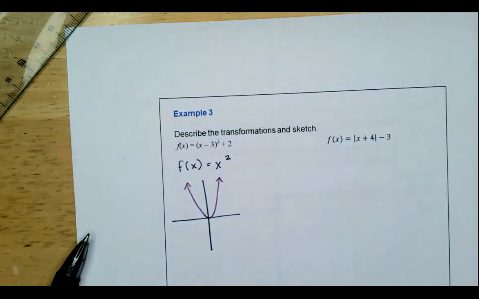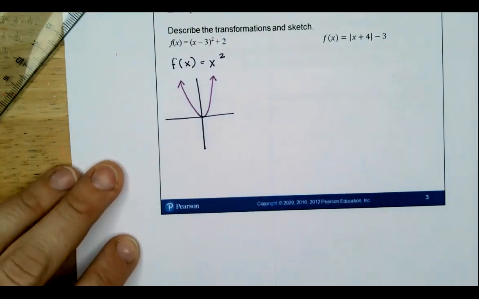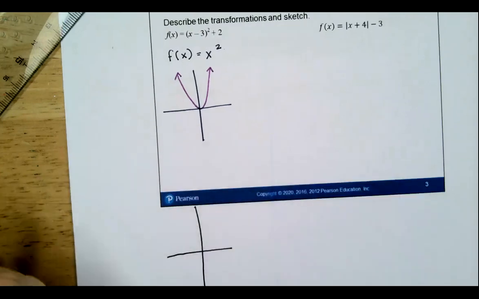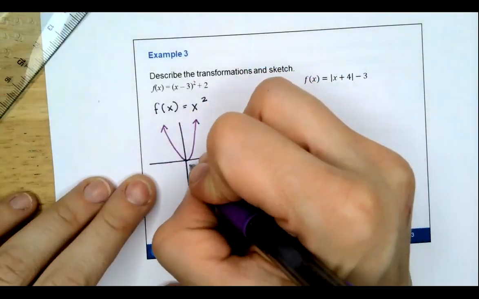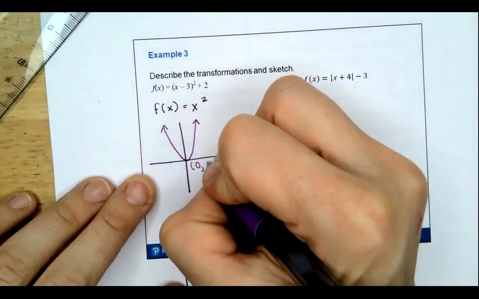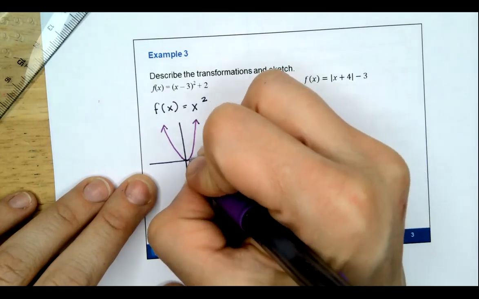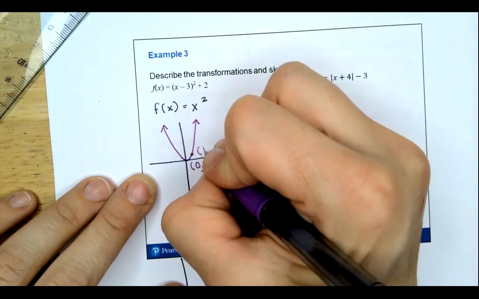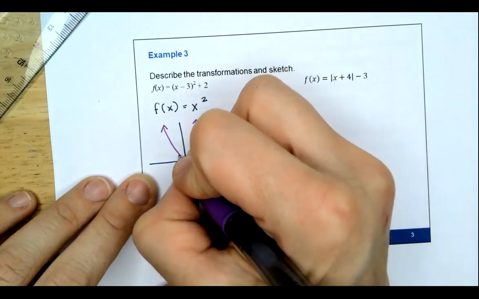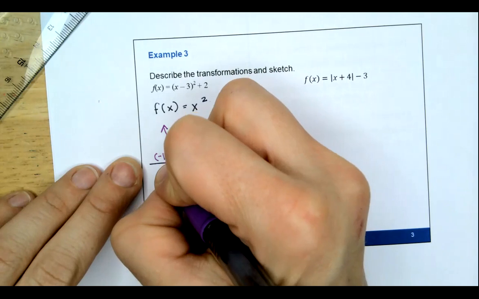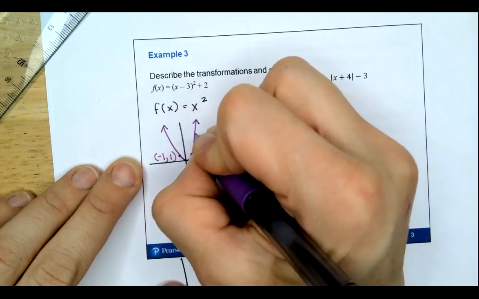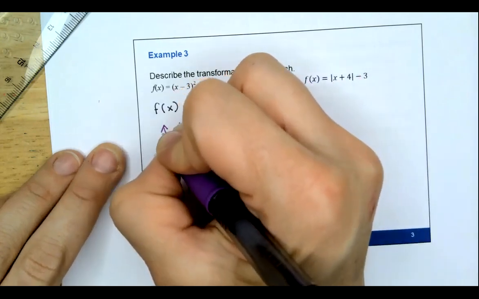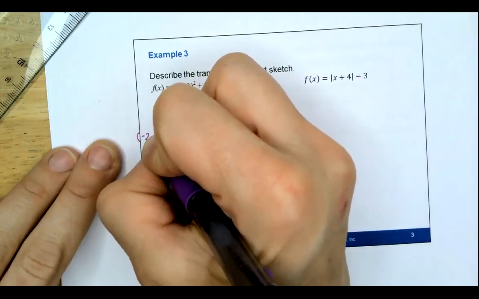Right? Okay, x minus 3 squared. Let's talk about some points on this graph. This will have the point 0, 0, and then 1, 1, negative 1, 1, 2, 4, negative 2, 4, right?